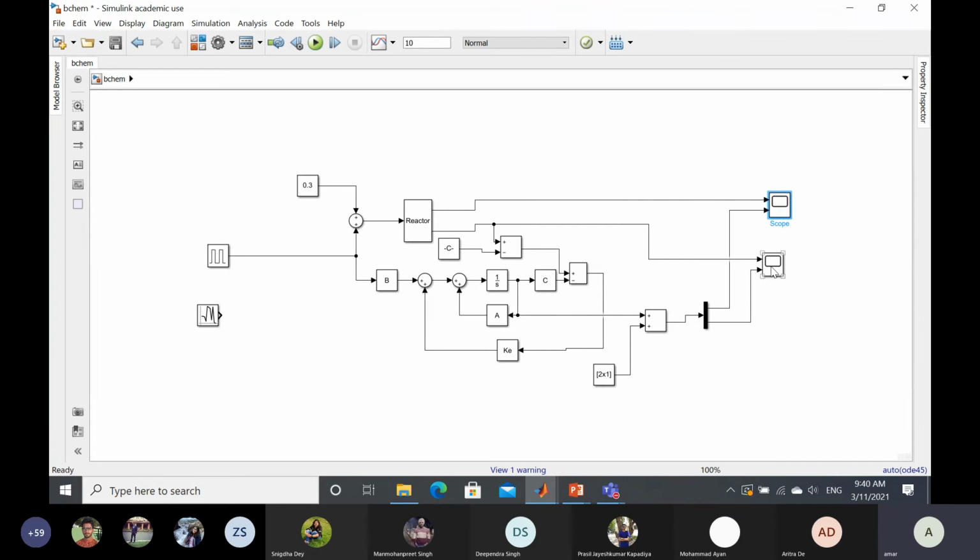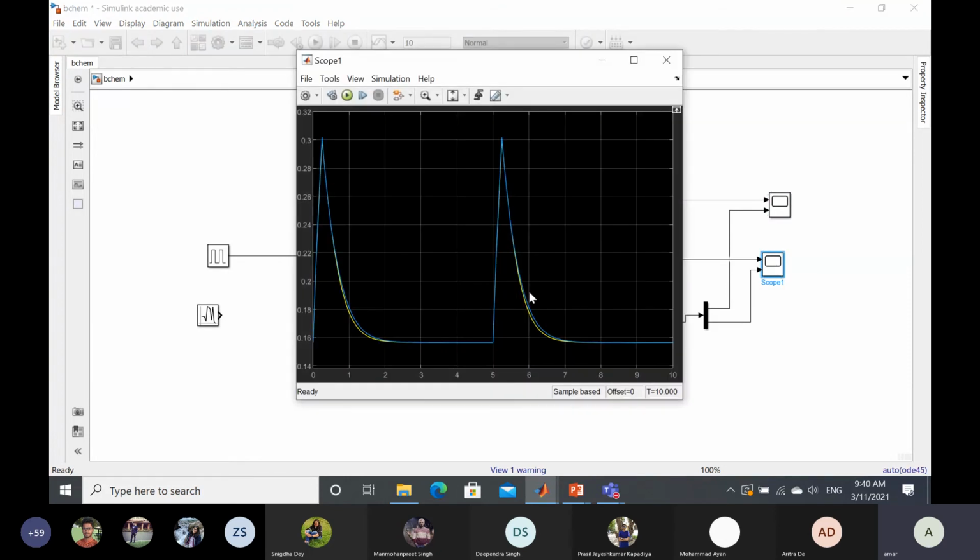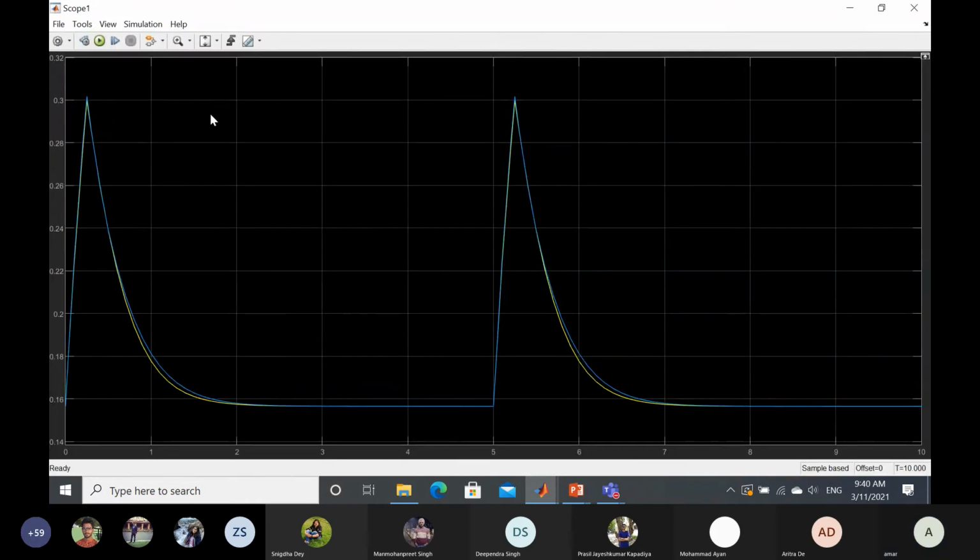For this one, CS is not measured, so I'm not giving CS as feedback. I'm giving CB as the feedback. Let's see for the CS. So CB has been given as feedback. There are slight deviations over here because the observer is linear and the process is nonlinear.